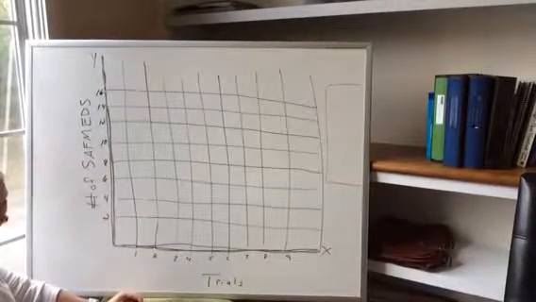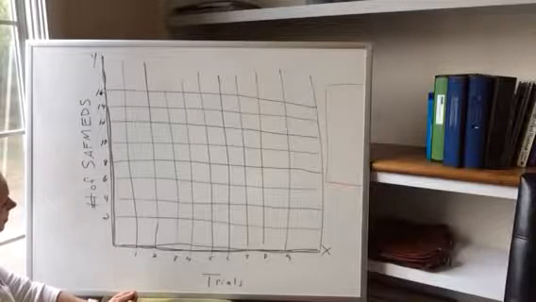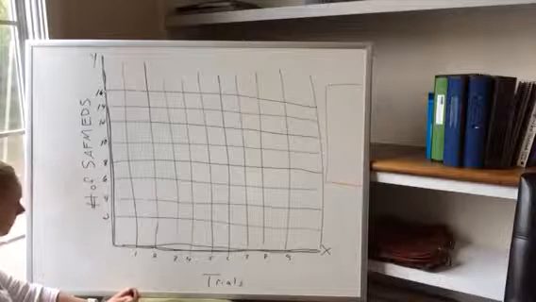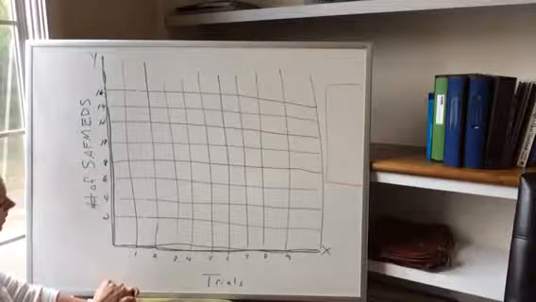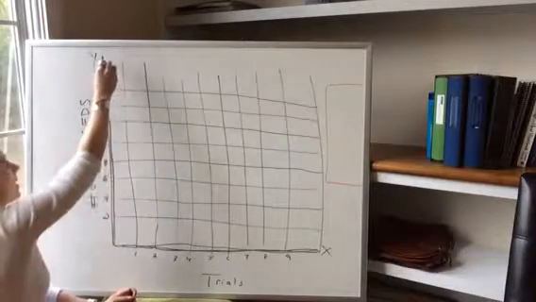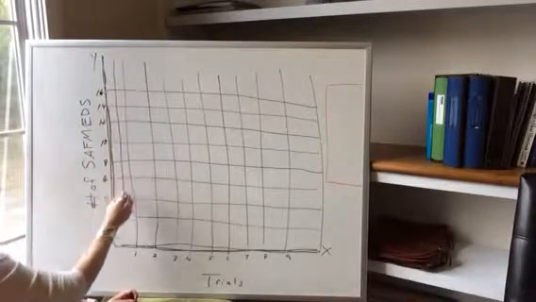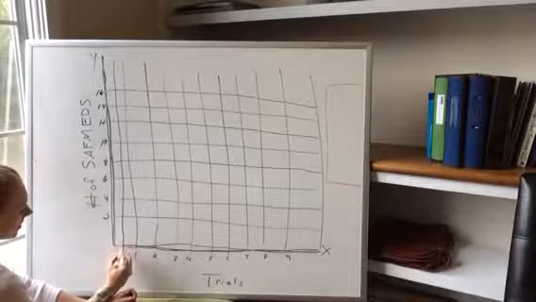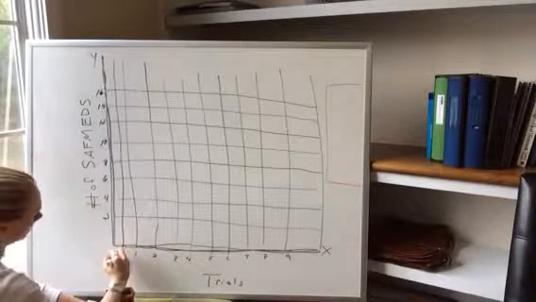Now, as I did that, I just reminded myself that we need to talk about something very important to graphing. I'm going to make this look a little bit funny, but I'm going to add a new line here because I don't want to rewrite all of my numbers. Okay? And I'm going to call this baseline.